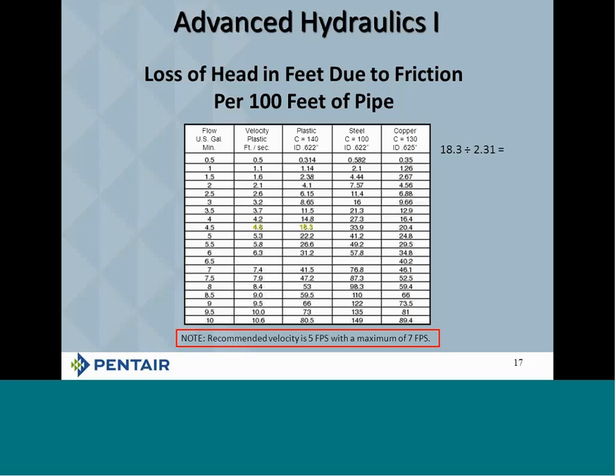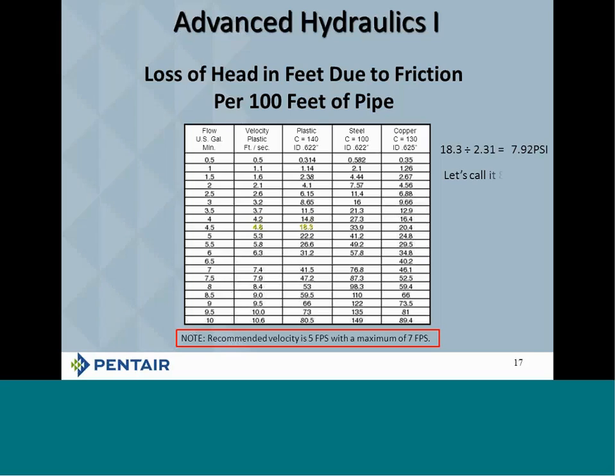Our math says that if we take 18.3 and we divide it by 2.31, and again 2.31 was the number that we learned in basic hydraulics 2 that taught us that we could go from pressure to feet of head. So we divide the 18.3 feet of head by 2.31, and we find the number of pounds of pressure. And of course, that's going to come up to 7.92, which we're going to round up to 8.